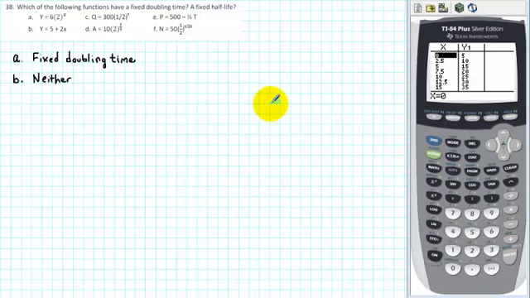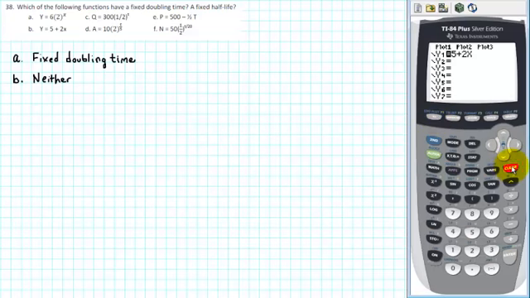For part C, we're given the function q is equal to 300 times 1/2 raised to the t. So go to y equals, clear out the old function, enter the new function using x as the independent variable rather than t. So enter 300 times 1/2 raised to the x.